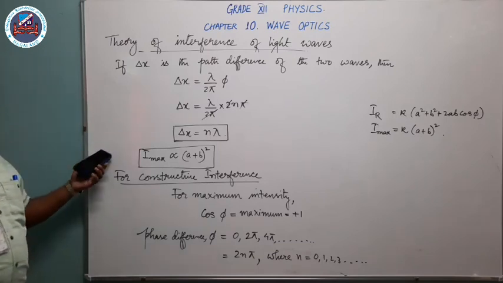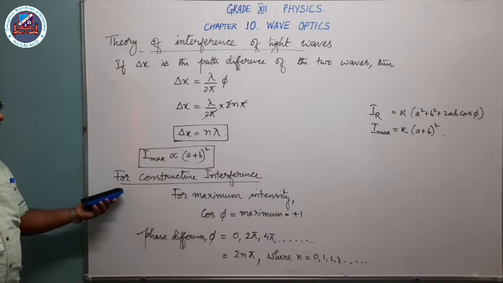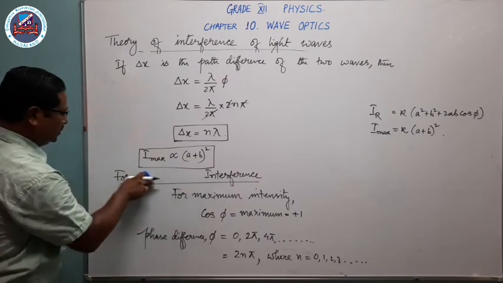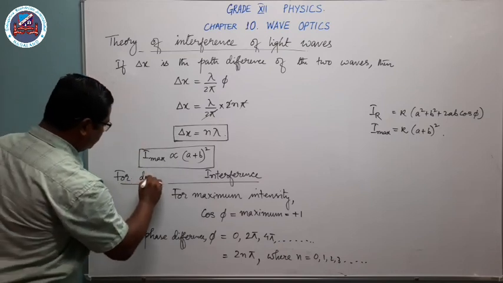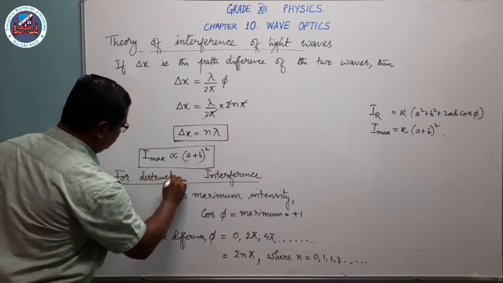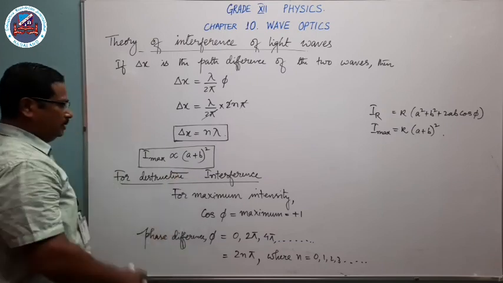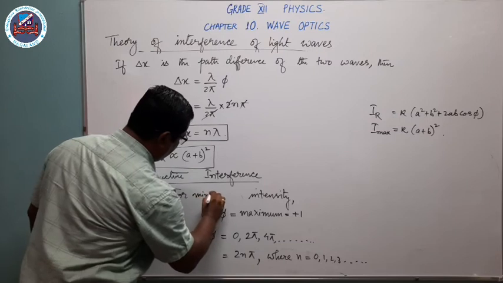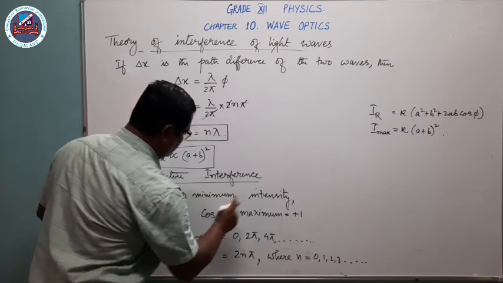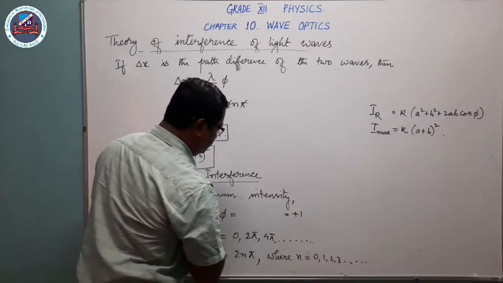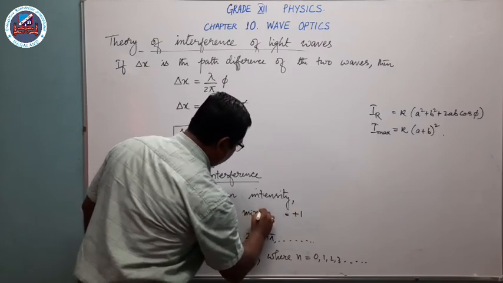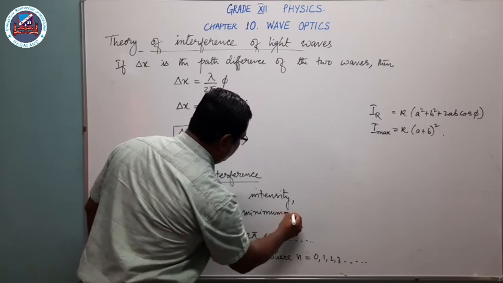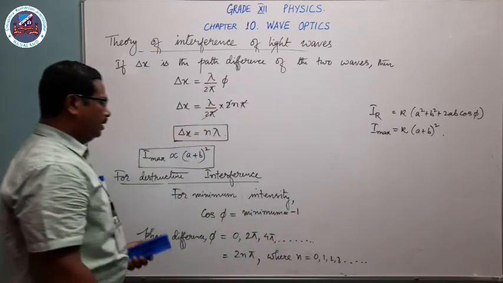The same way we'll see for destructive interference. For destructive interference, for minimum intensity, cos phi must be minimum, and the minimum value of cos is minus 1.